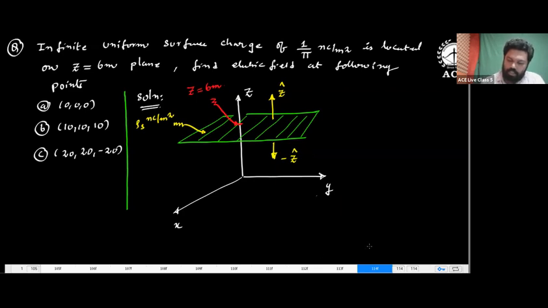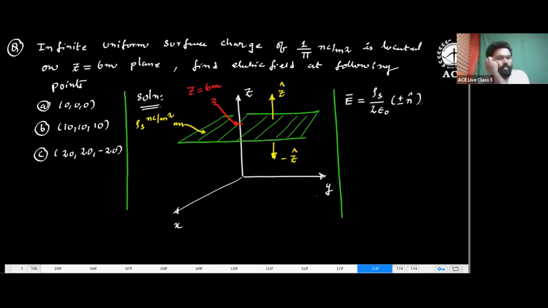What is the electric field expression, beta, due to the infinite sheet? E is equal to rho S by 2 epsilon naught plus or minus N cap. It's a very simple formula compared to the earlier formula. Just substitute the values properly.